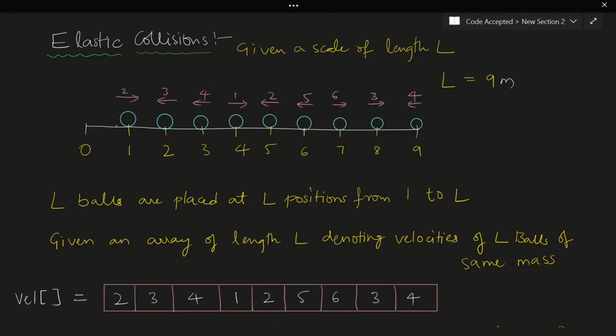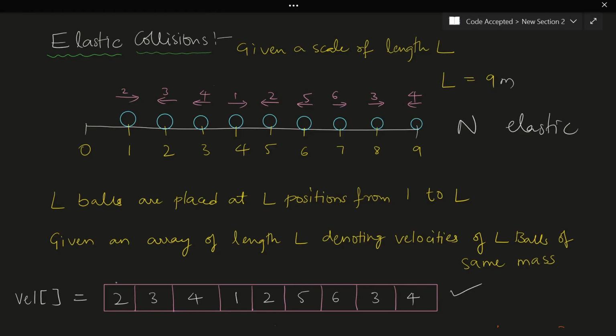So we are given n balls which are elastic, and we are given their positions where they are placed, and we are also given the velocity of each ball in an array.